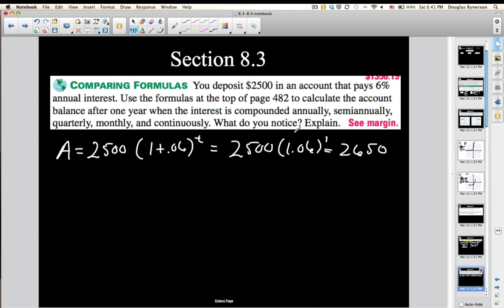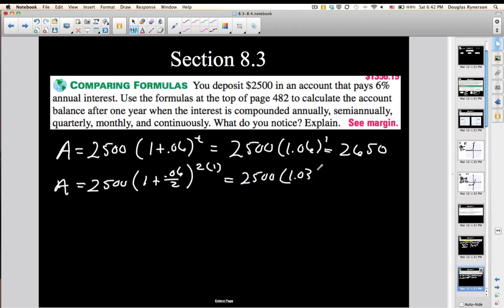If I want to look at semi-annually, now that means we're compounding twice a year. $2,500 times 1 plus 0.06 divided by 2 to the 2 times 1 power. So this will be 2,500 times 1.03 to the second power, and that will be $2,652.25.